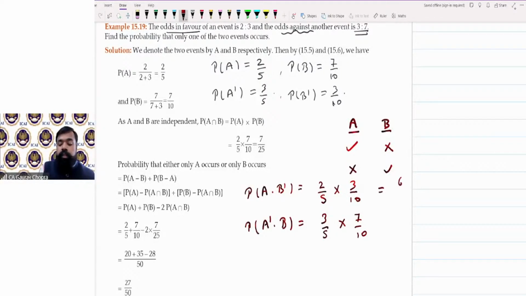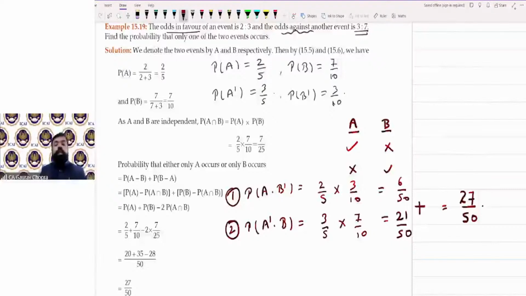Now simplify this. 6 by 50 and this is 21 by 50. Now we know that out of these two, any one will happen. Out of two, any one event will occur. That means clearly we have to use the addition rule. Therefore, on adding, we get 27 upon 50. 27 upon 50 becomes the answer. So this is the shortest way to answer this question.